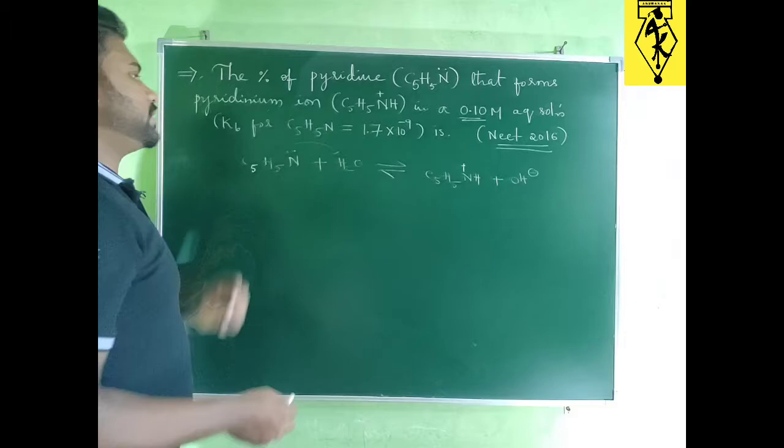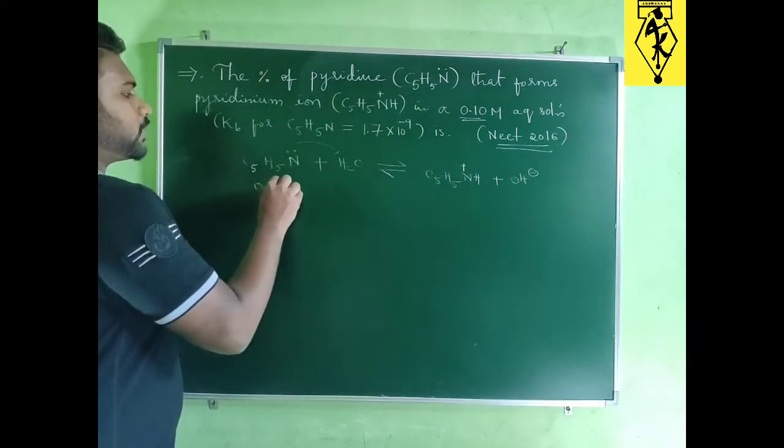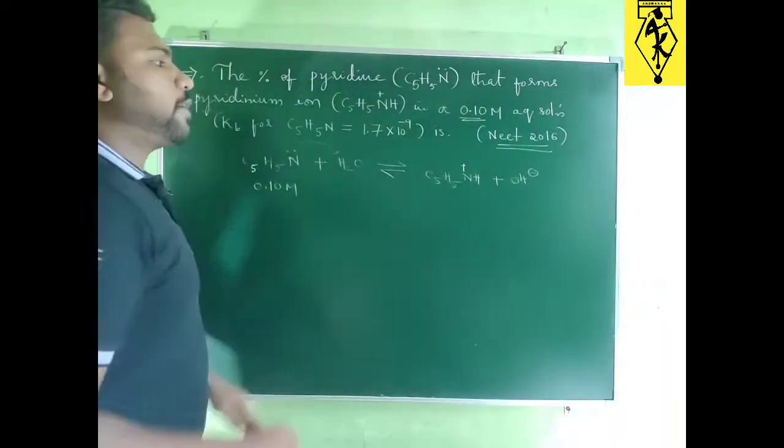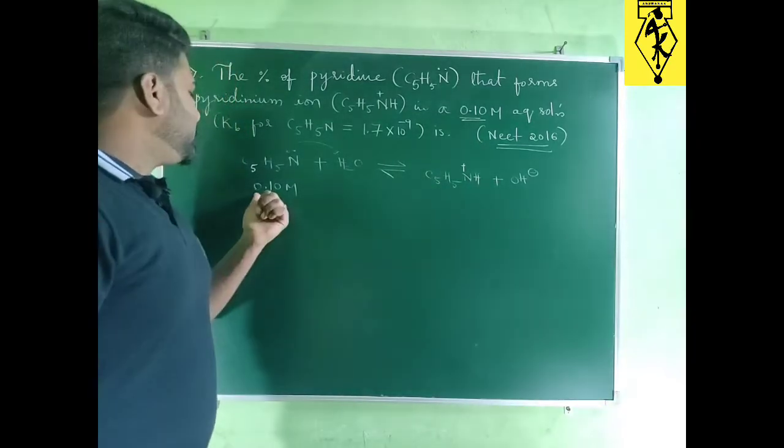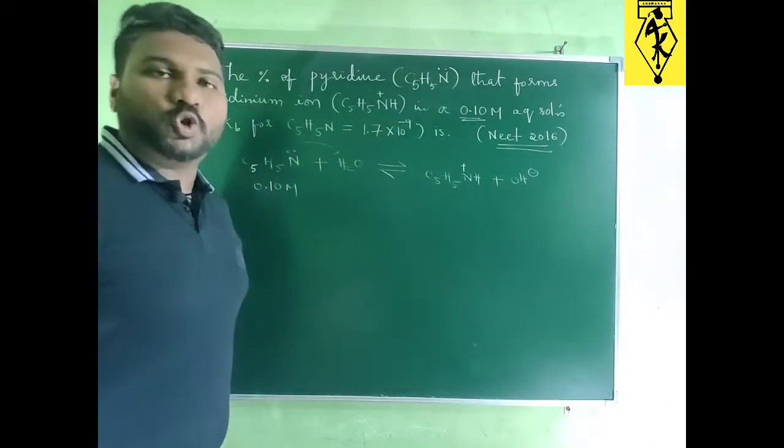And the initial concentration they have given, that is 0.10 M. We have to calculate the percentage of pyridinium ion formed in 0.10 M solution.